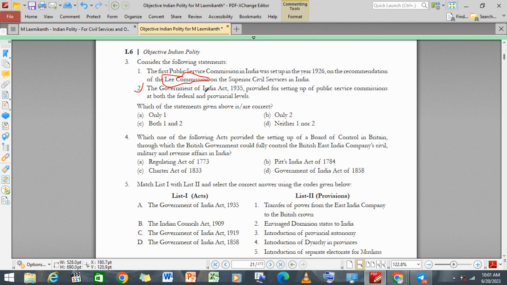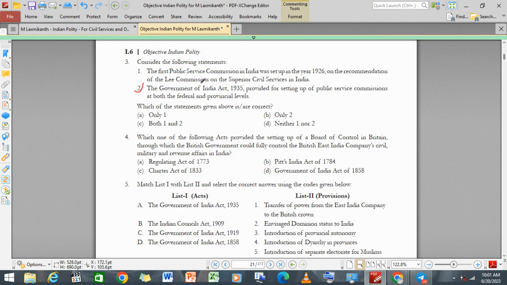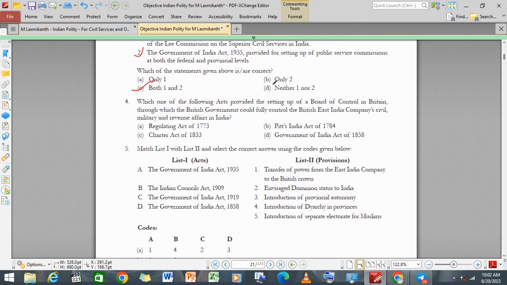Wait, yes. So Lee Commission, I don't know about Lee Commission, but I can write that in 1926 the first service commission was made. So both 1 and 2 can be correct, based on this idea. But I'm not sure about the Lee Commission because I read about the Macaulay Committee and you also read the same.